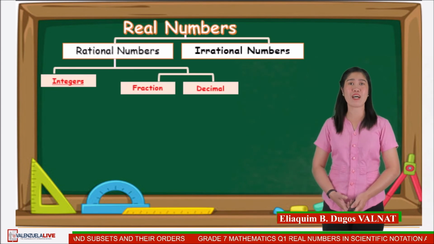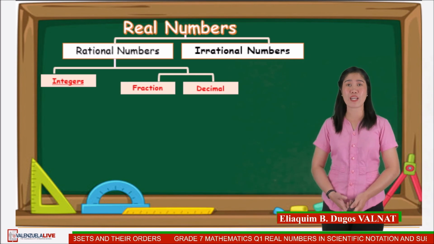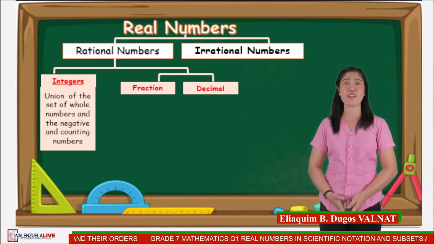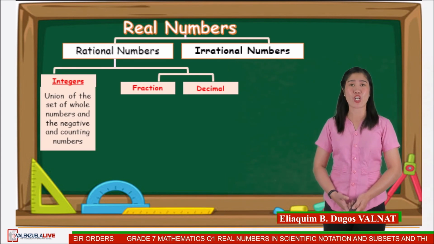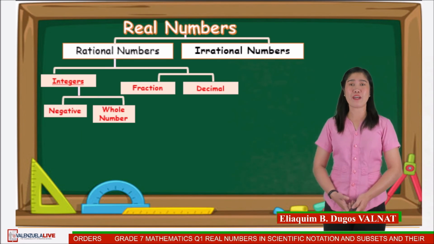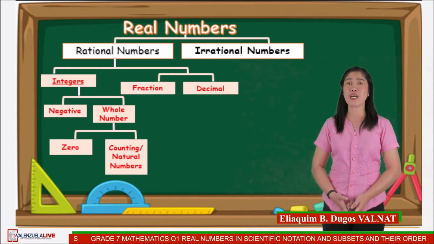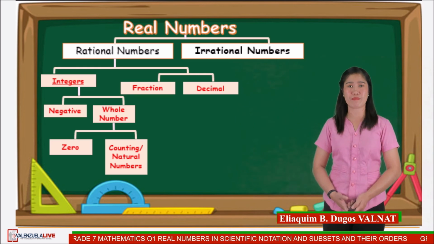Under rational numbers, we have integers, fractions, and decimals. Integers are the union of the set of whole numbers and the negative of counting numbers. Under integers, we have negative and whole numbers. Under whole numbers, we have zero and counting or natural numbers.